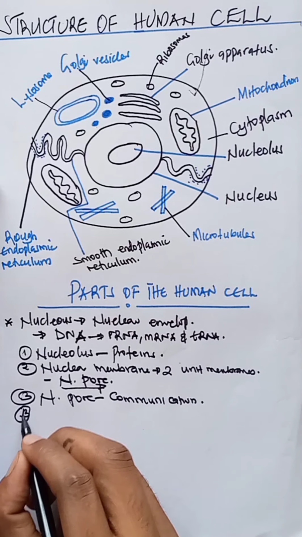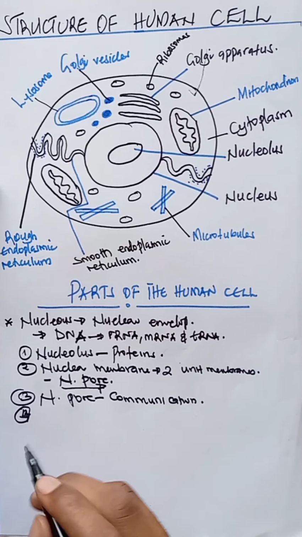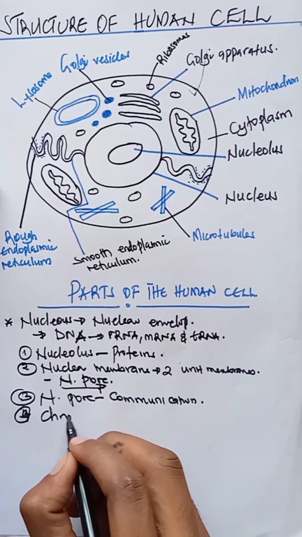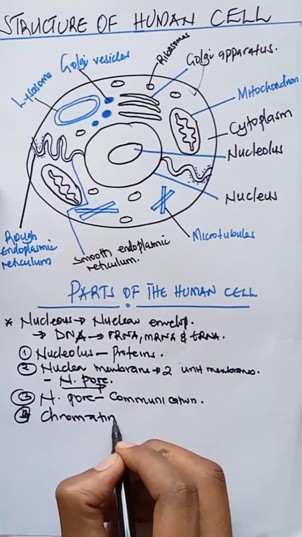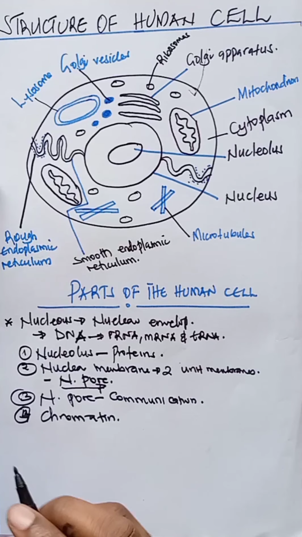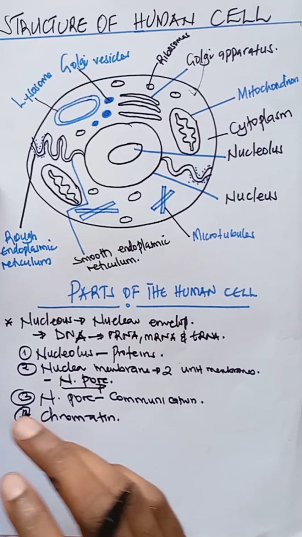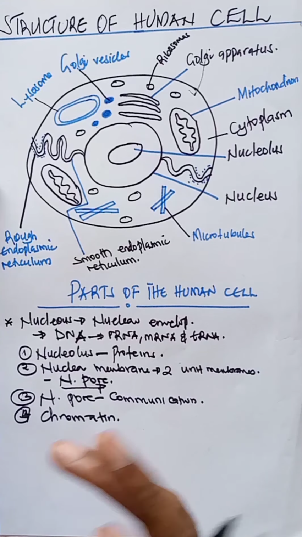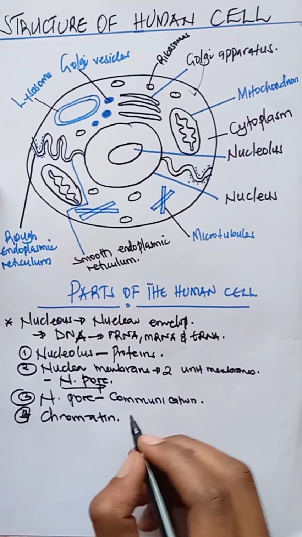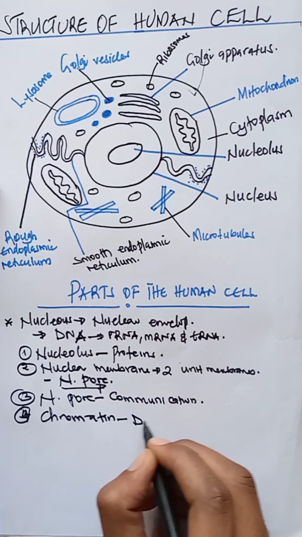The other structure within the nucleus is the chromatin. We must appreciate that the chromatin is a thread-like material made up of large molecules of DNA.